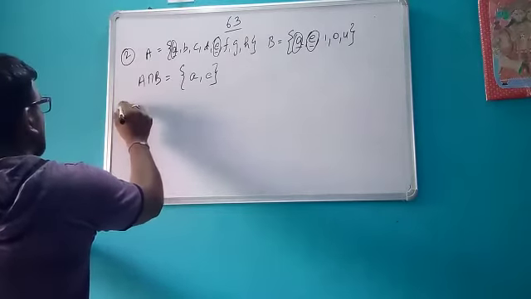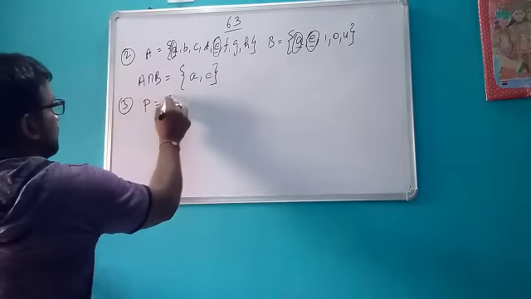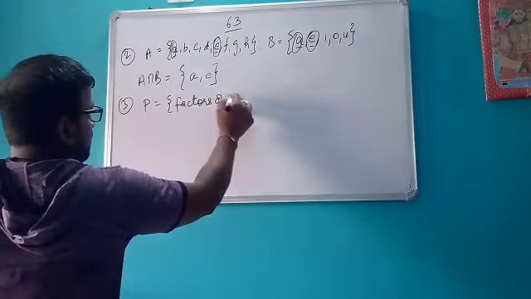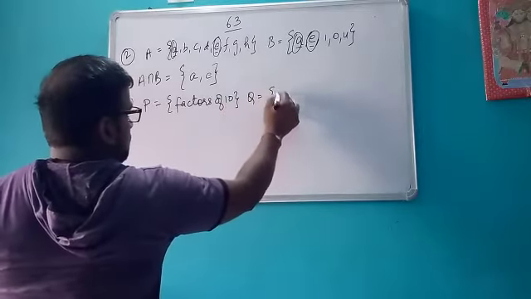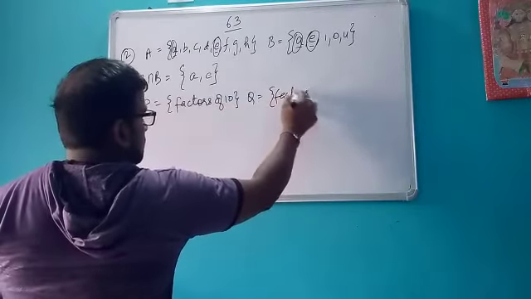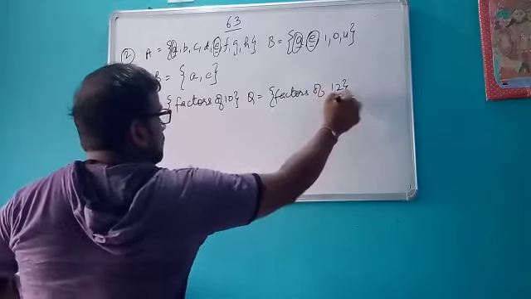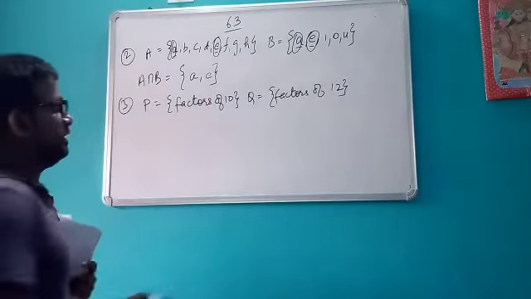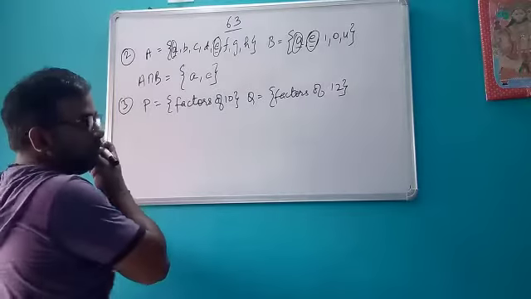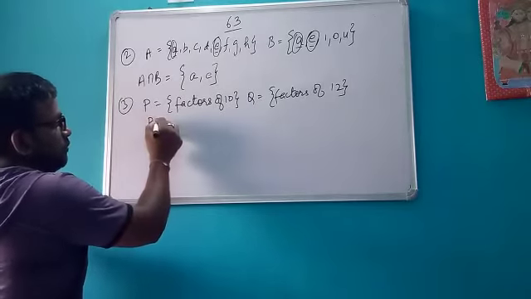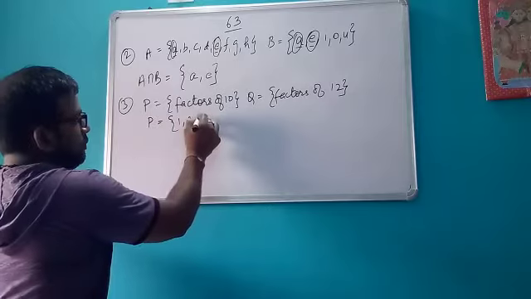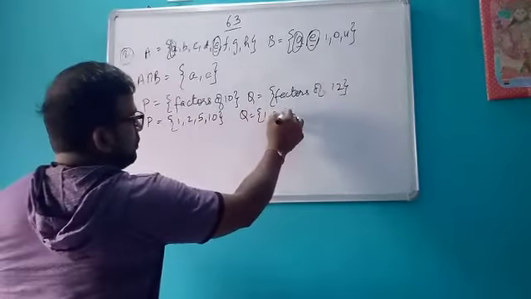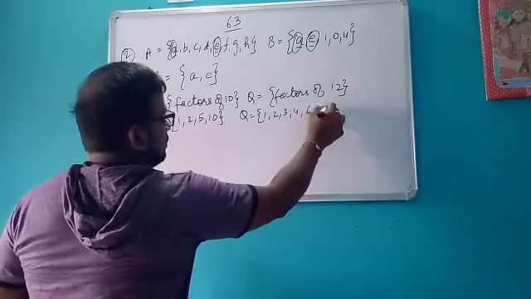Okay. Suppose we have P is equal to factors of 10 and Q is equal to factors of 12. So again you cannot calculate the intersection or union of the sets in this form. This is the description form. So first we have to convert it into the roster form, that is P = {1, 2, 5, 10} and Q will be {1, 2, 3, 4, 6, 12}.